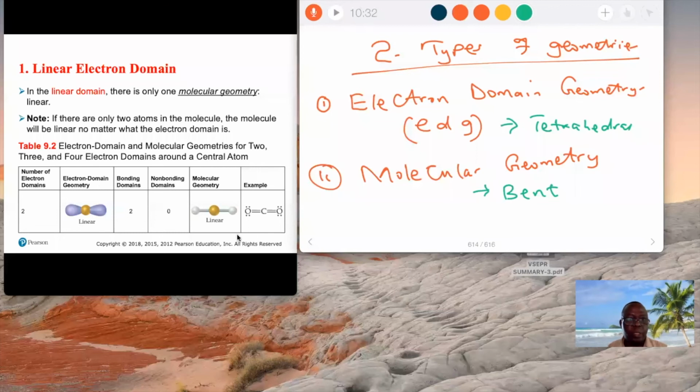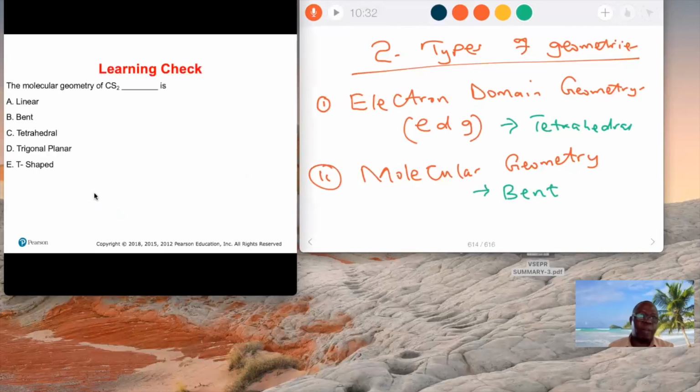Electron domain geometry and the molecular geometry, these are the types of geometries you have to pay attention to and know how to use the table. This is linear. So for linear, we look at that. For trigonal planar, we'll have to look at that.